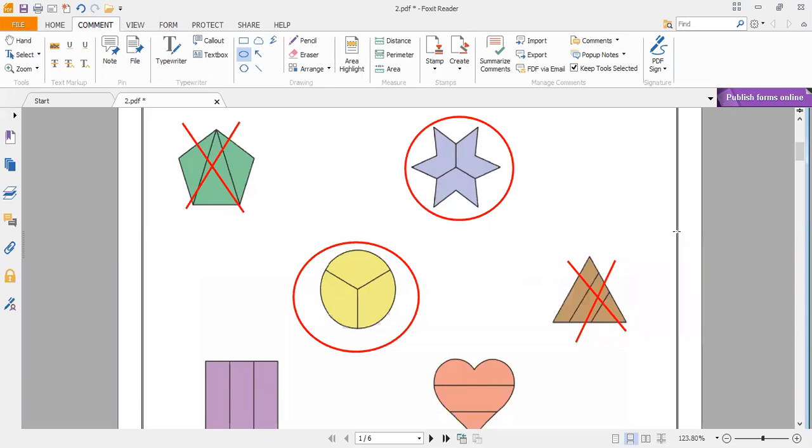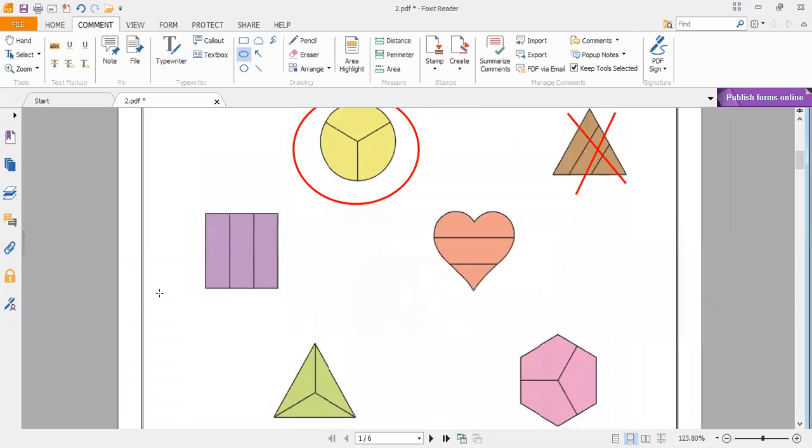Okay Amr. Yes, miss. Go ahead Amr. The purple square. Does this show thirds? Yes. Why? Because it's equal. Three equal parts. Now the heart here.